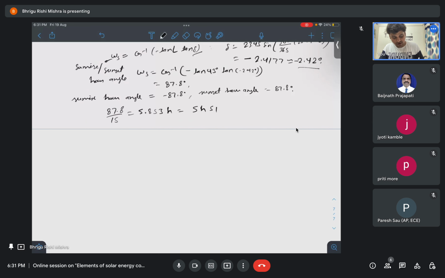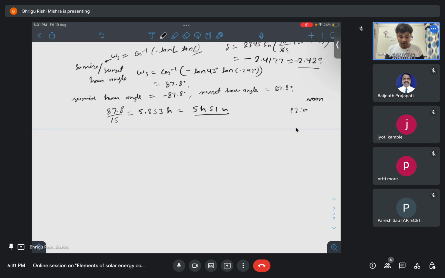Now we can calculate the time of sunrise and time of sunset. So consider noon as 12, and the time of sunrise will be before this.